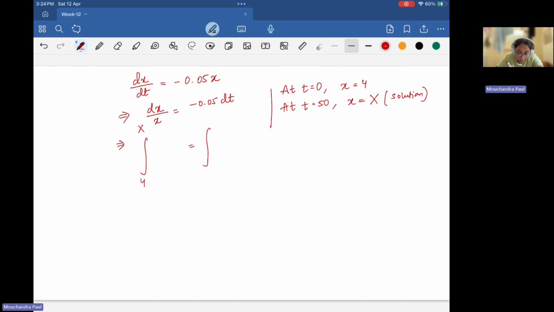For capital X, dx by x from 0 to 50, this is the constant term, dt.